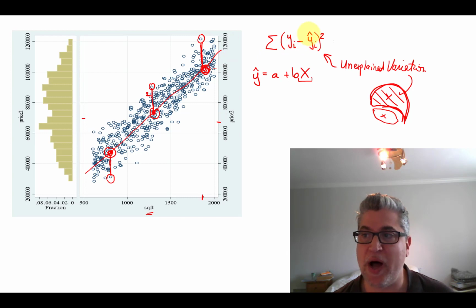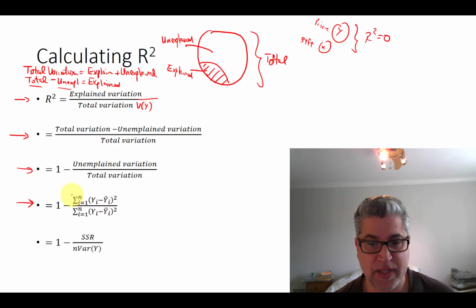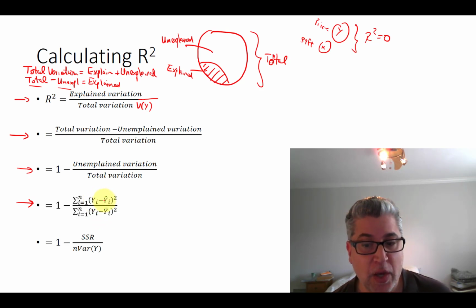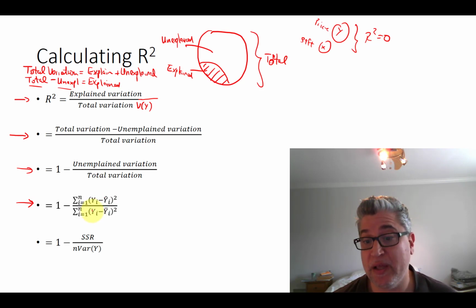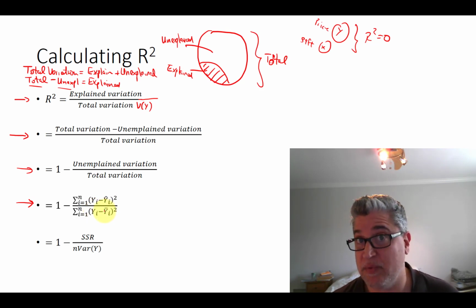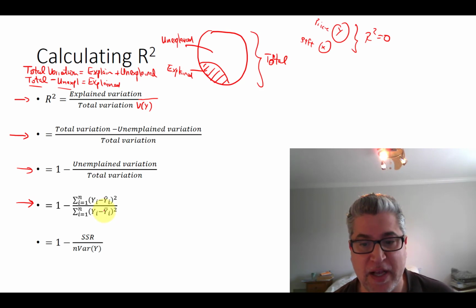Y minus y hat. Okay, so that's our numerator. Our denominator, you'll see, was that same exact exercise, but we weren't calculating the difference between y and the regression line. We were calculating the difference between y and the average of y, the average price, $750,000. Right?